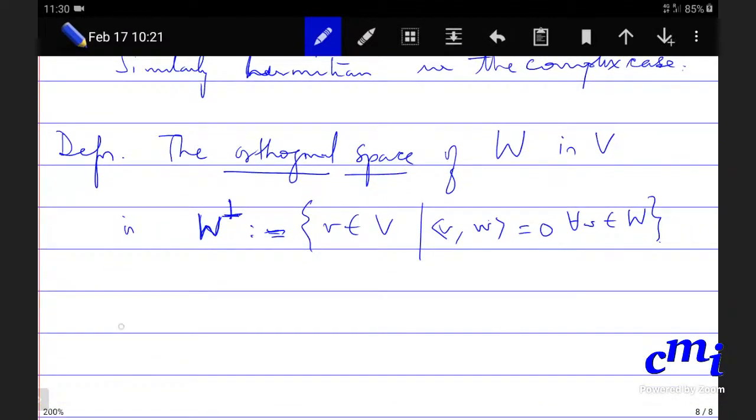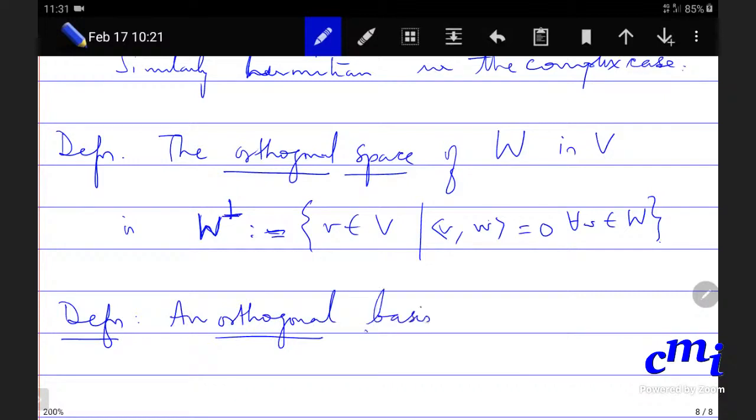Definition. These are related definitions, but all of them hinge on the notion of orthogonality in that vector space given by the given form, a symmetric or Hermitian form.